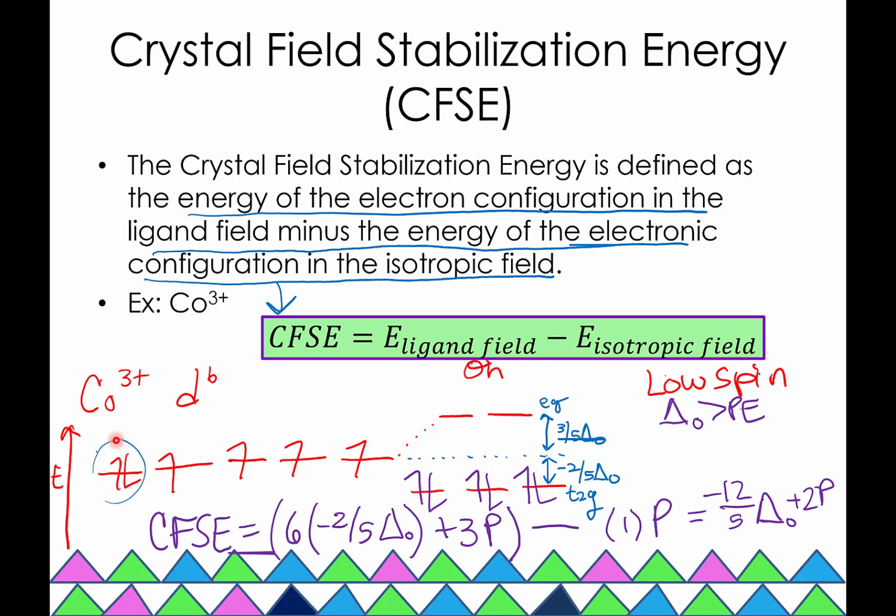But we did already have 1 pair in the isotropic case, so we need to subtract that off. So this is the amount that's being stabilized, and this pairing energy is raising the energy a little bit for this complex. But overall, we know that delta octahedral is greater than our pairing energy. So overall, this is going to be a net stabilization.